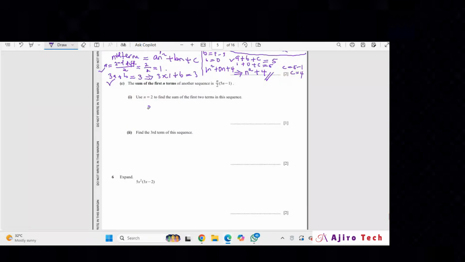So n is 2 over 2, because this is the formula we're using. Then you open brackets, 5 bracket 2 minus 1. So that will be 1 bracket 10 minus 1. So 10 minus 1 is 9 times 1 is 9. So our answer there is 9.